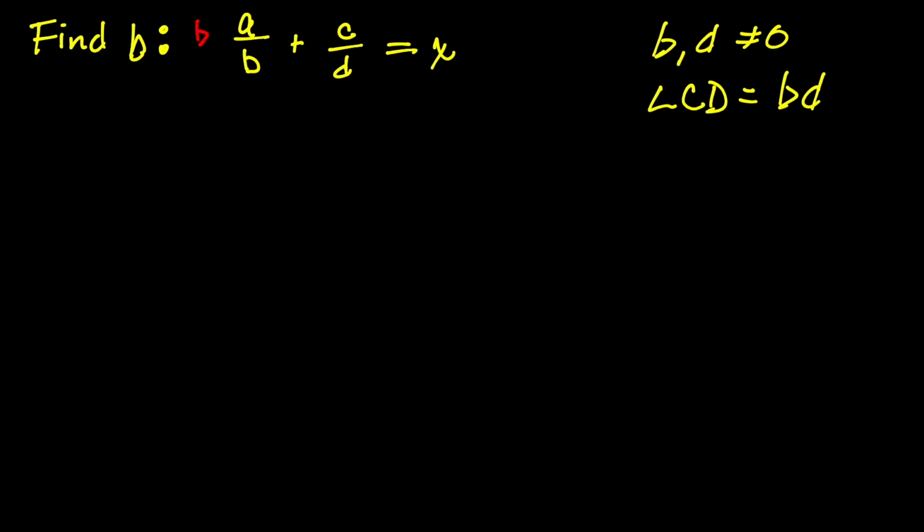And maybe I will go ahead and distribute this here. That will make things a little bit easier. So in this first term, notice that our b's will cancel. So that leaves us with just a times d. Oops, I just erased part of my, this is bd.